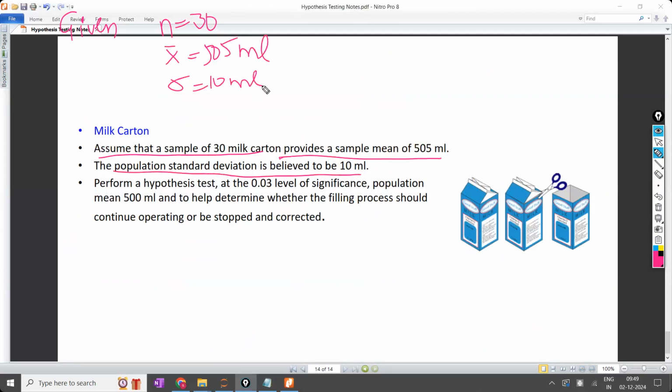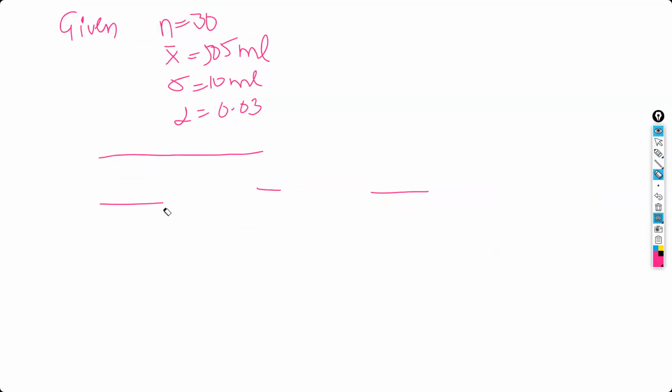Perform a hypothesis test at 0.03 level of significance. It is not 0.05, it is 0.03 level of significance. Population mean of 500. They want to test for 500 to determine whether the filling process should be continued operating or stopped and corrected. Right? Now, this is the question.